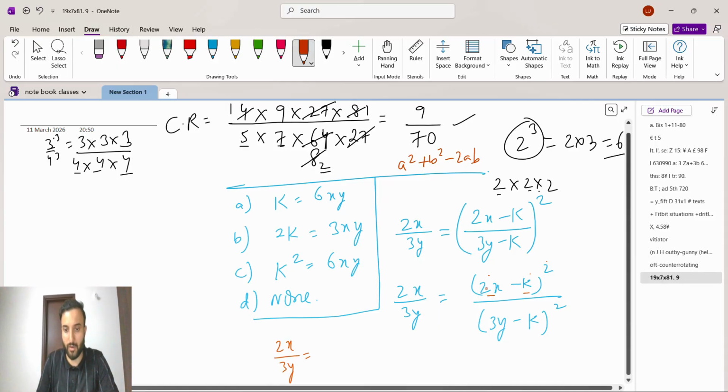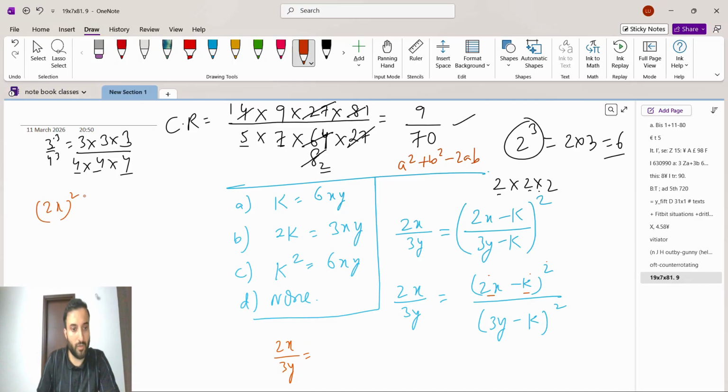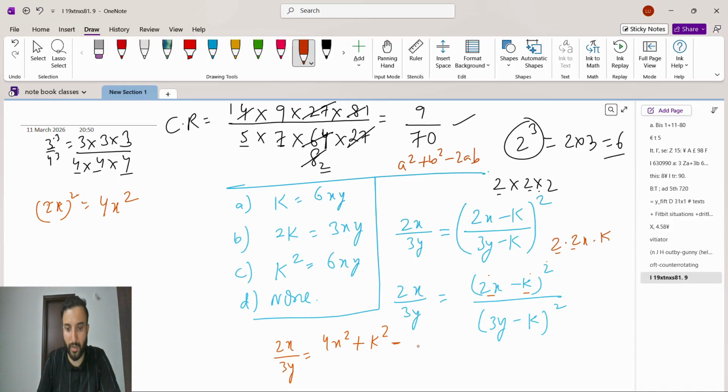Then a square, the 2x whole square. First we do 2 square, which is 4, then x square, so 4x square, plus b square, b is k, so k square, minus 2ab. So 2 into a, which is 2x, into b, which is k, gives 4xk.